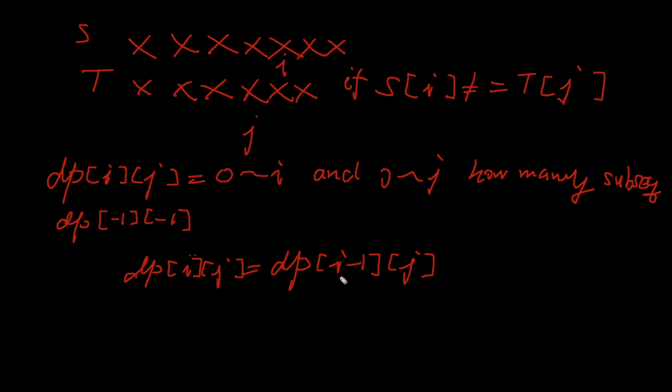This means that since the current I and J are different, we have to go back.